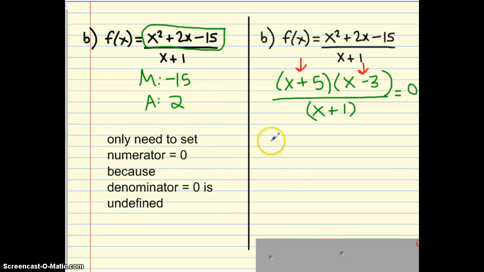So we will have x plus 5 equals 0 and x minus 3 equals 0. So our zeros of our function would be x equals -5 and x equals 3.